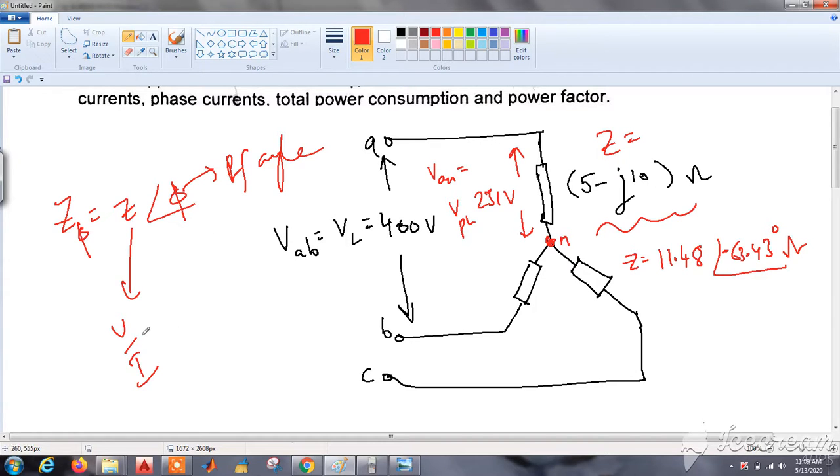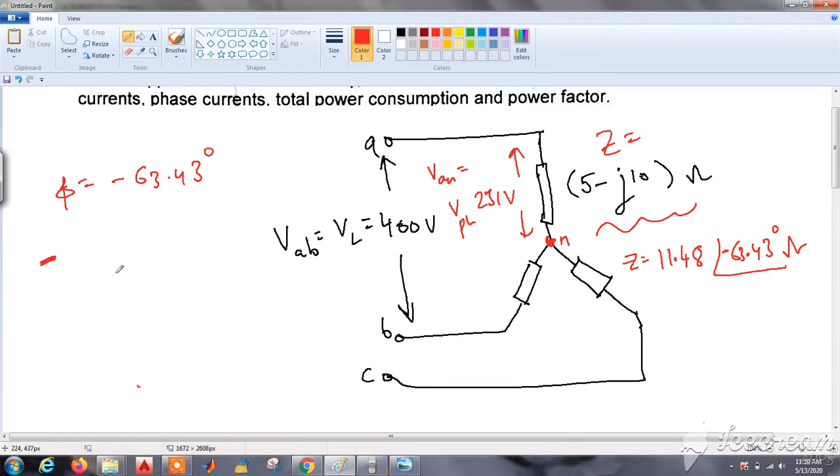And here we got the power factor angle as minus 63.43 degrees. This minus is there because capacitive reactance is dominating more than the inductive reactance, or we can say that only capacitive reactance is present in the load, or we can say the load consists of a capacitor and a resistor.